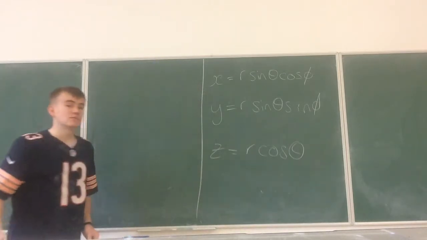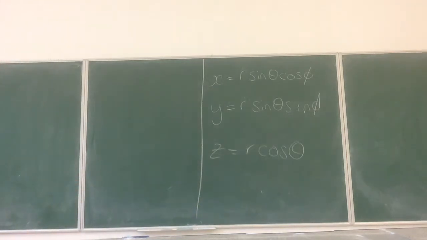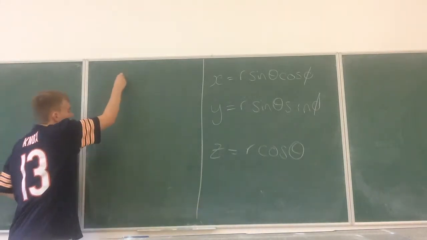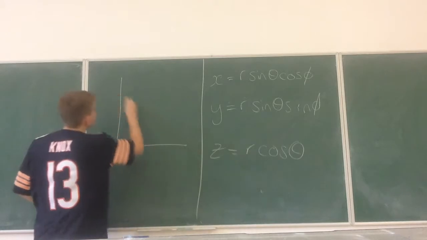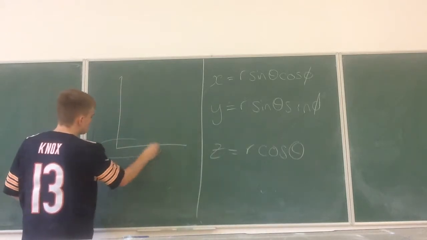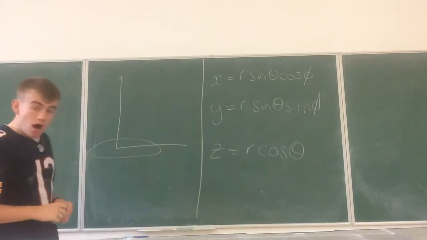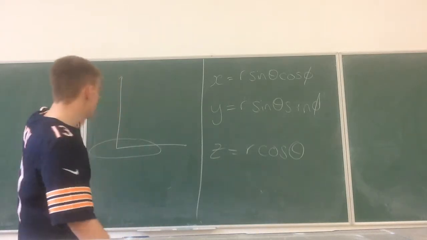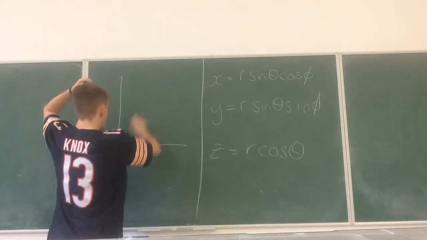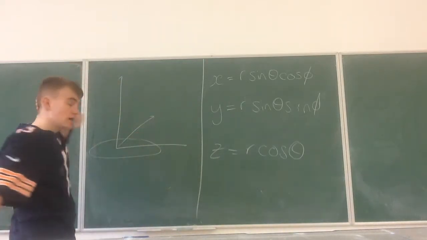Cool. It should be made clear that I'm using a few conventions and a few assumptions, which I'll just outline now, because some textbooks do it slightly differently. What we're going for here is that r is just the distance from the origin.